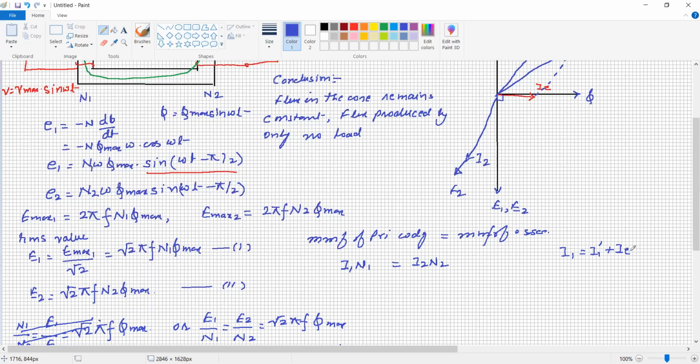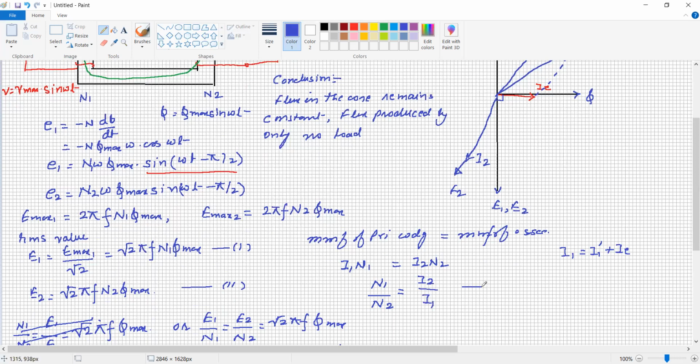Basically, the exciting current is very small as compared to the current drawn by the primary winding, so we can neglect the value of IE as compared to the load current. Now we can say that N1 upon N2 is equal to I2 upon I1.